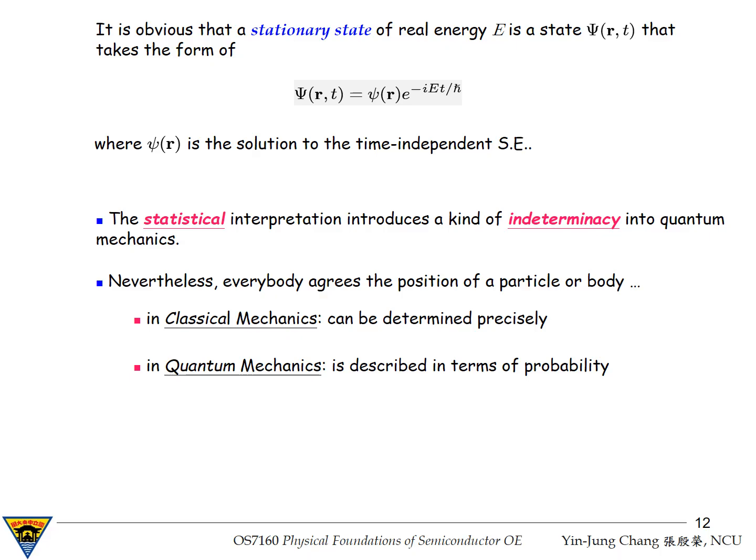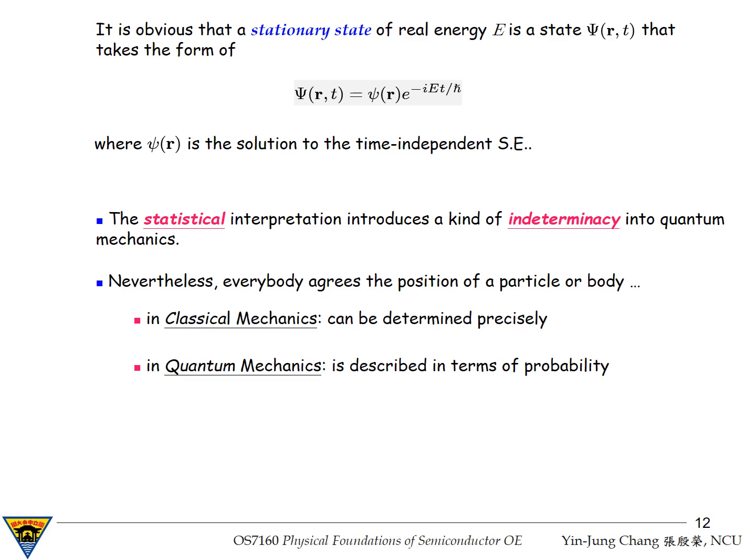Instead, it tells us the probability distribution of possible outcomes. So all quantum mechanics has to offer is statistical information about the possible results. This is one of the most profound differences between classical mechanics and quantum mechanics.